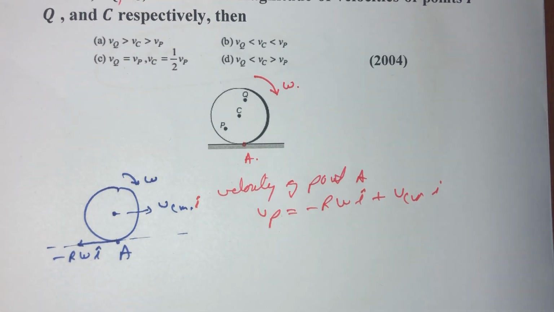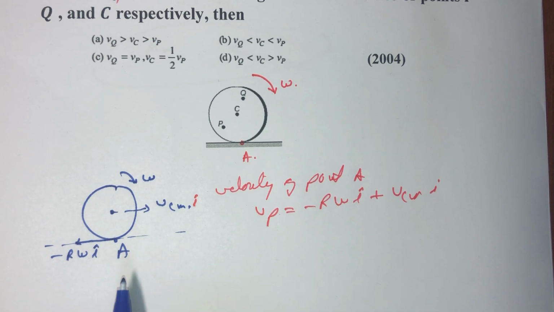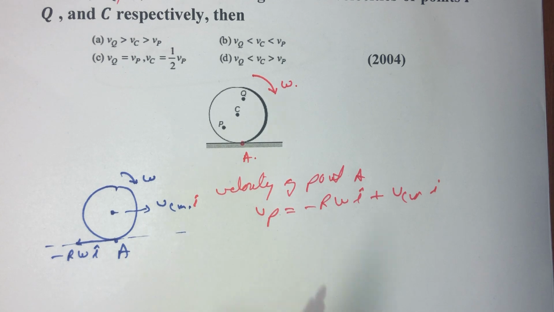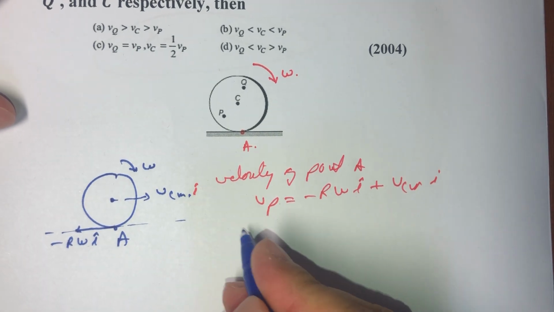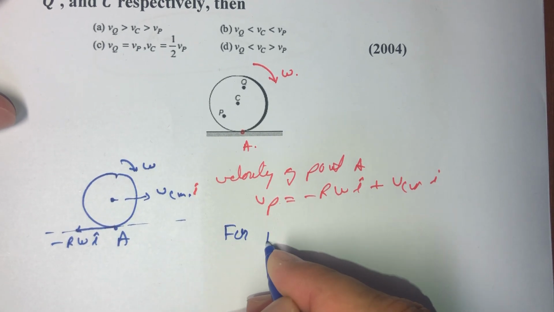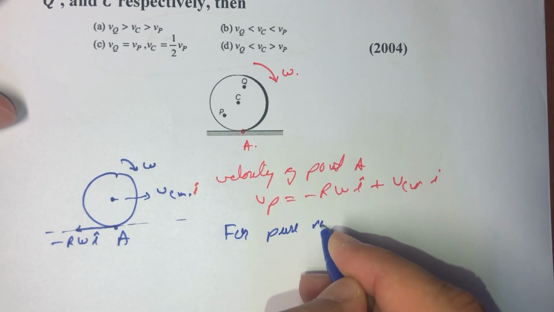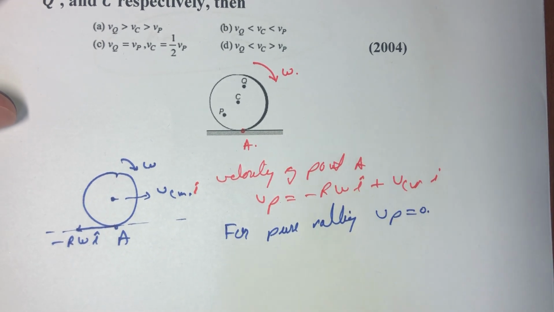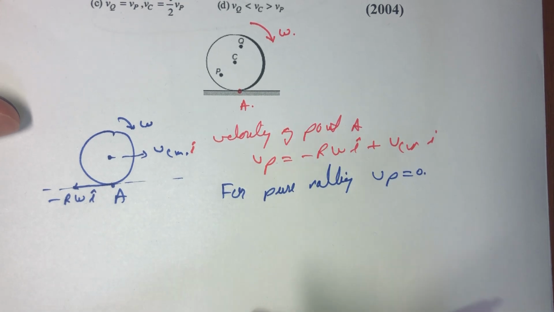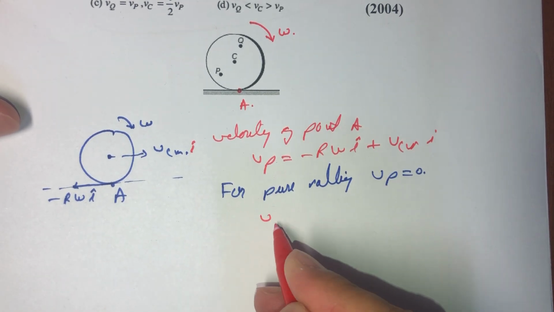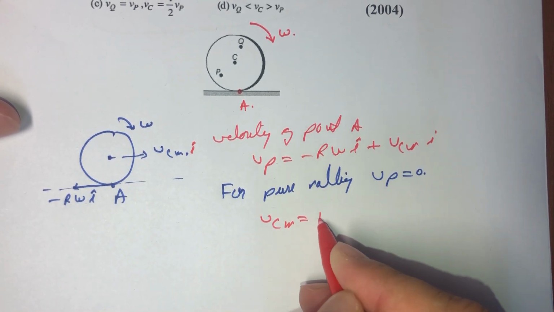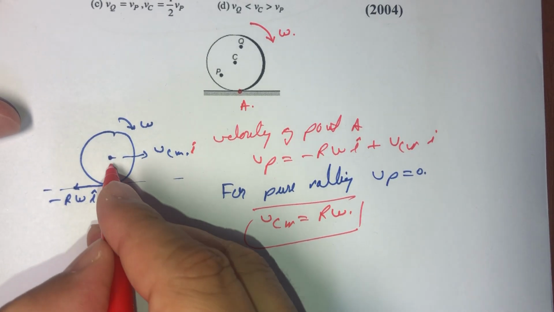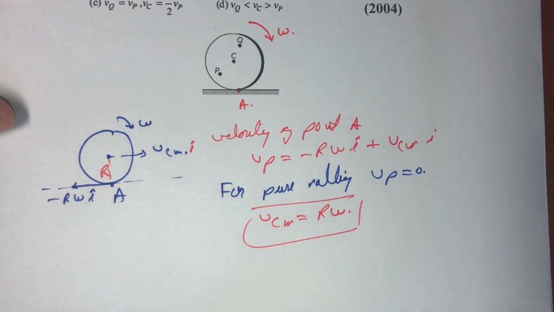And in the pure rolling condition, the point of contact velocity is always equal to 0. We can say for pure rolling, Vp is equal to 0. So from here we can say the velocity of center of mass is equal to r multiplied by the angular velocity, where r is this radius.